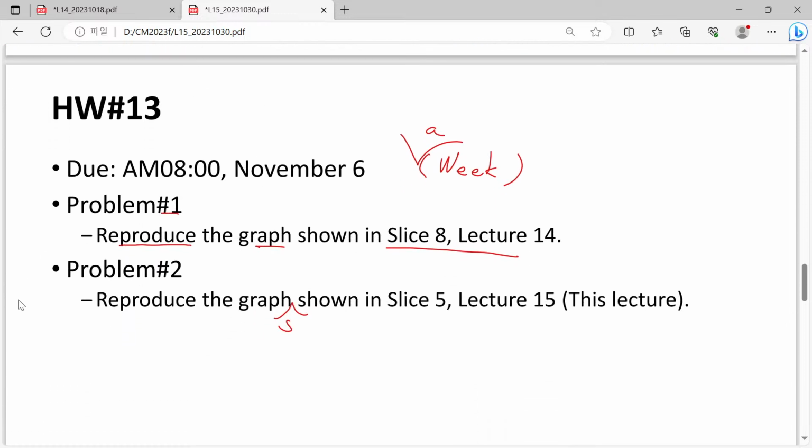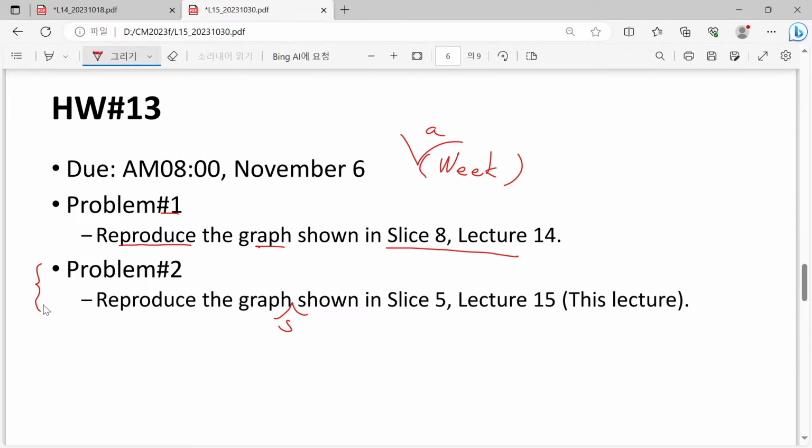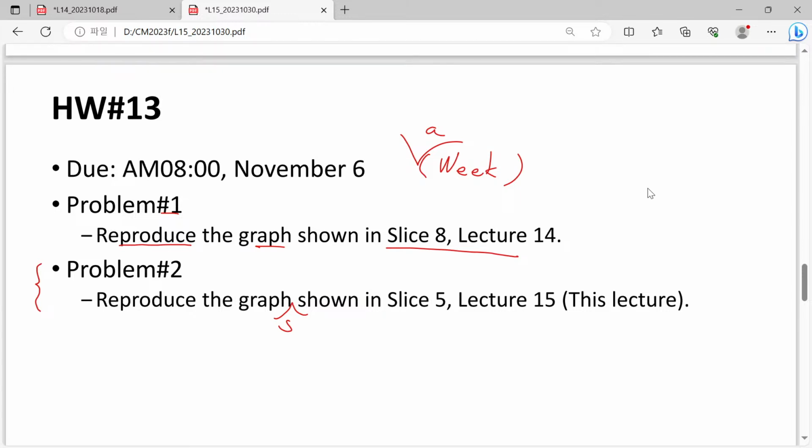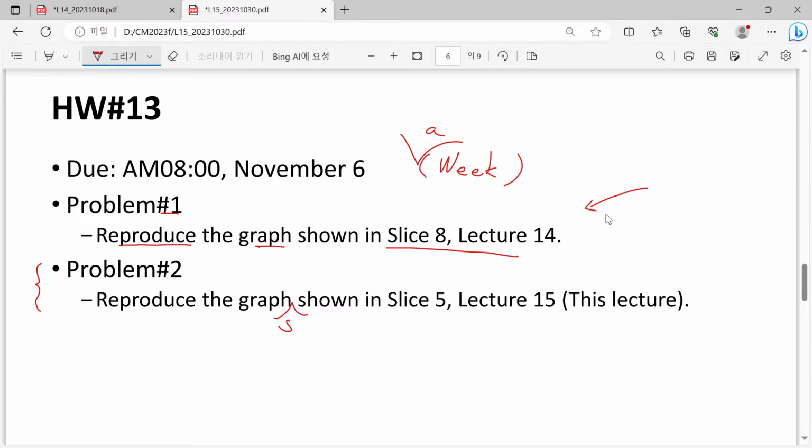The reason why I have introduced this problem 2 is like this. If you just directly try to solve problem 1, maybe it would be very difficult for most of you. So instead of directly trying problem number 1, please start from problem number 2.